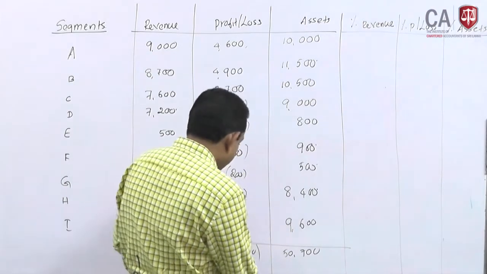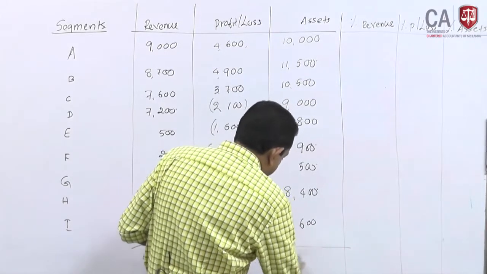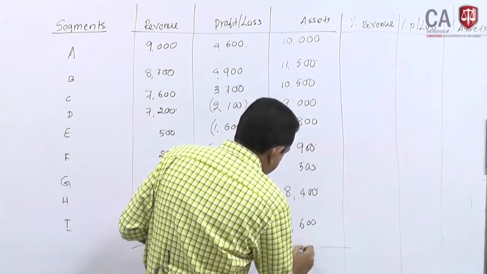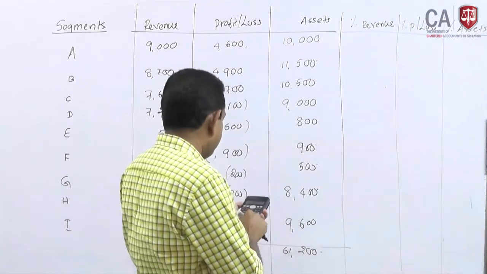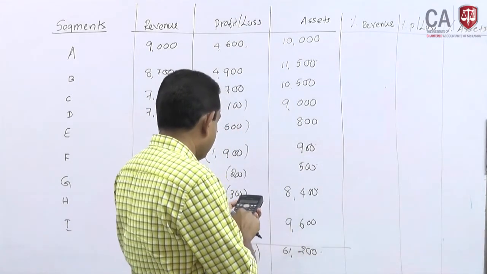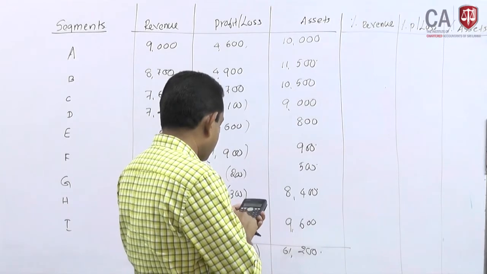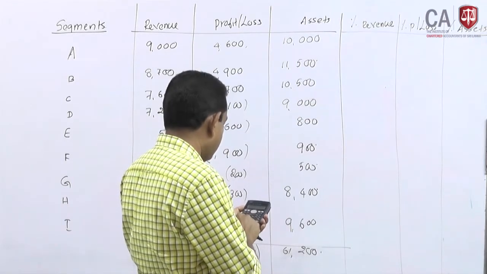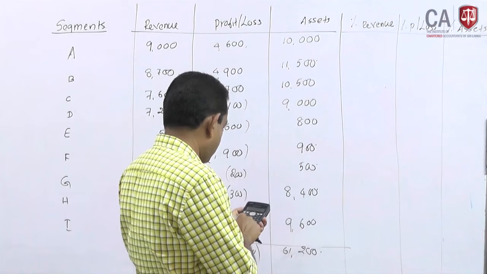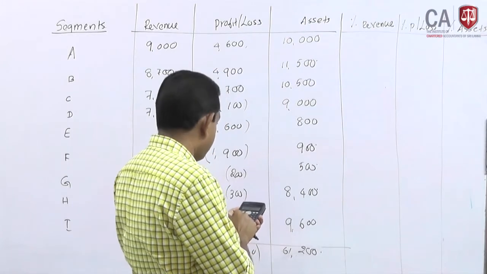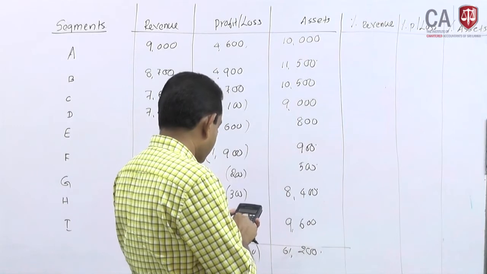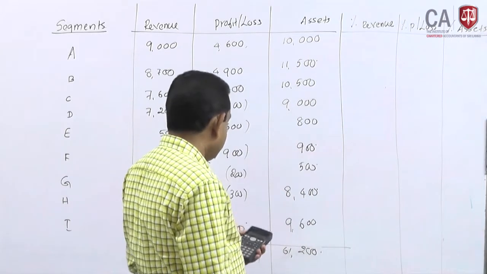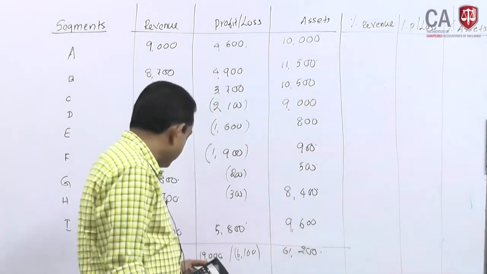It has to be 61,200. Yep, 61,200, right.